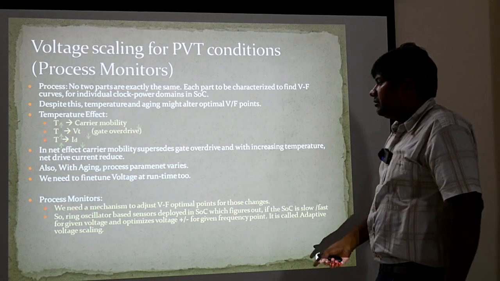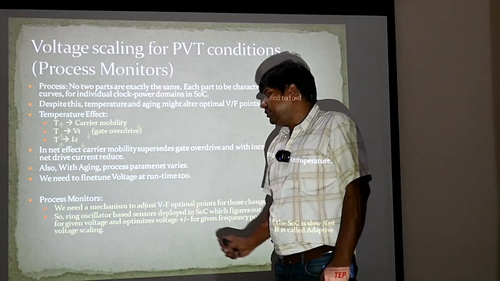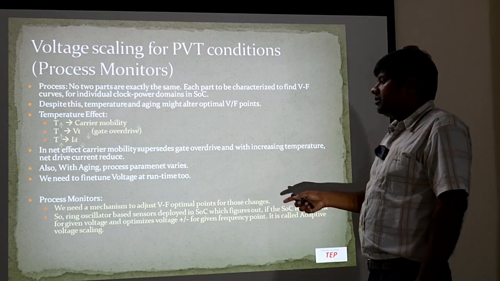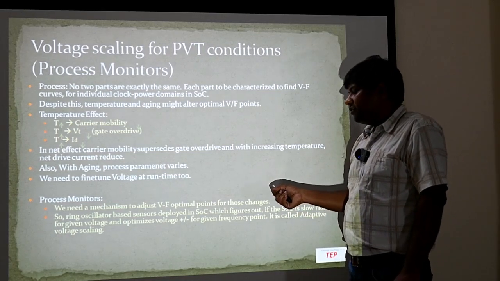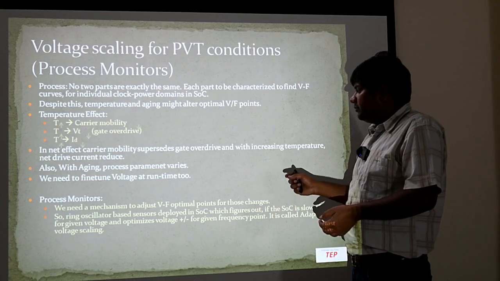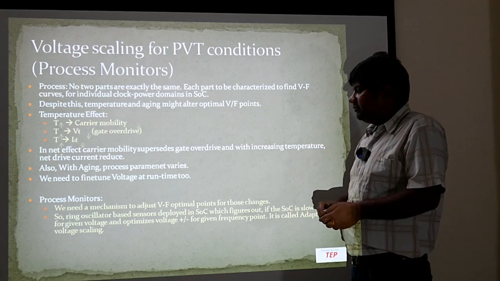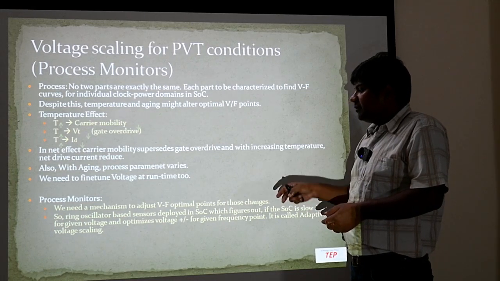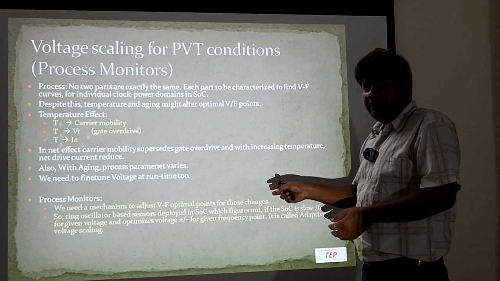And there comes the concept of process monitors. These process monitors are usually ring oscillator based circuits, which give an indication of the speed of the circuit, and at runtime, at the given VF point, they will further add or reduce the voltage, stepping up or down for the given frequency.